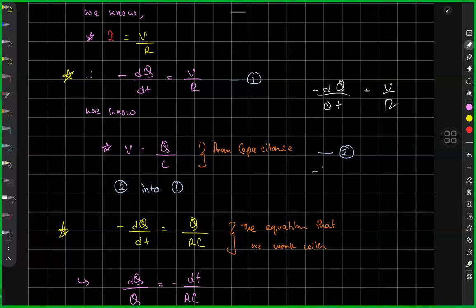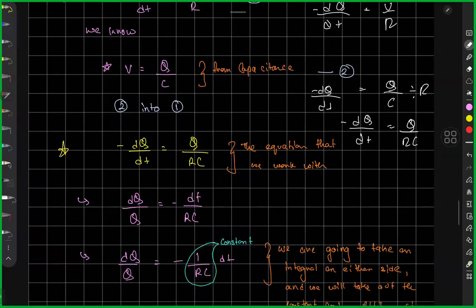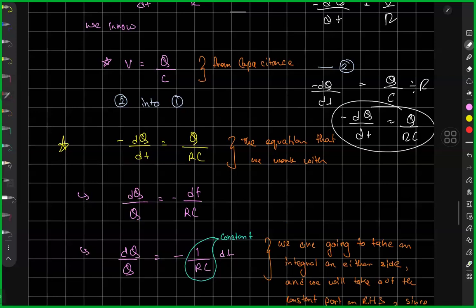Minus dQ by dt equals Q by C divided by R, which is Q by RC. Till this be okay. And now I will do the swap of dt and Q. Okay. I've just substituted V equals Q by C because that is how the capacitance formula works. If you're confused about that, C is equal to Q by V.